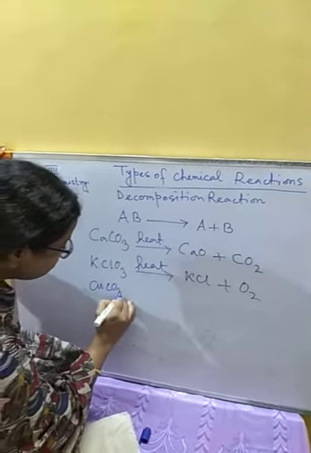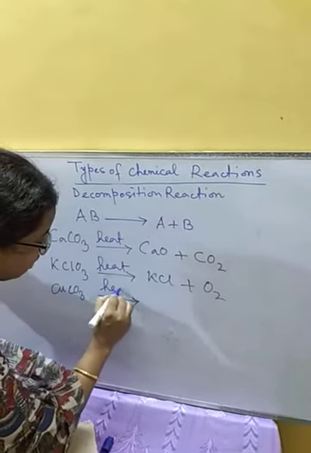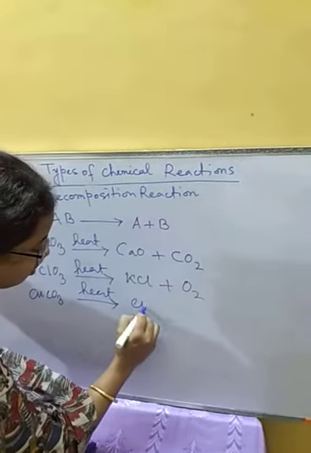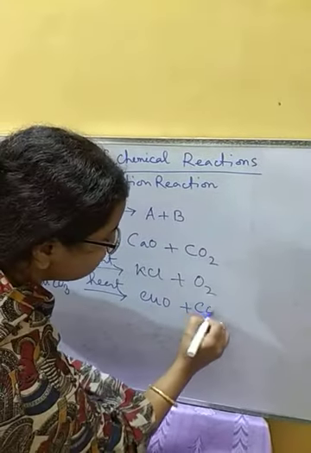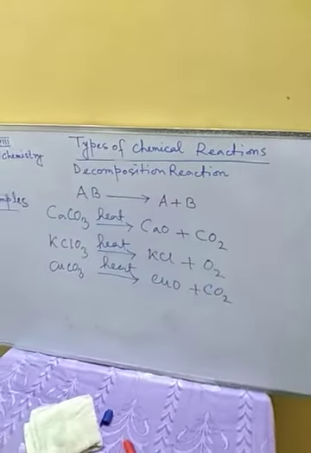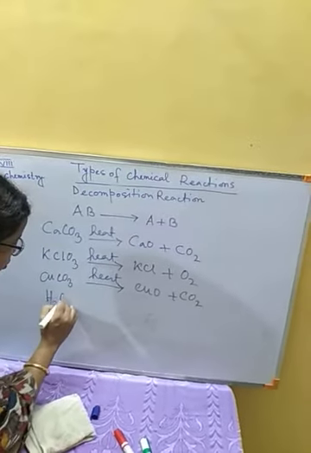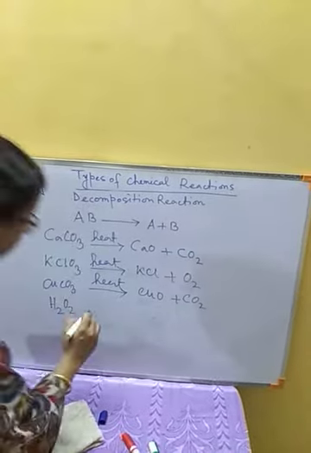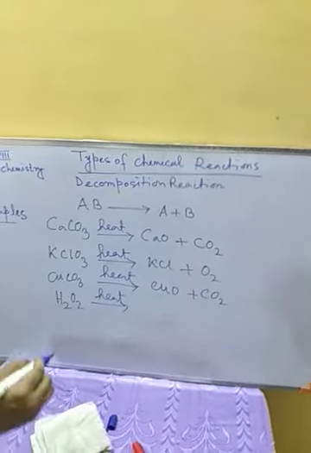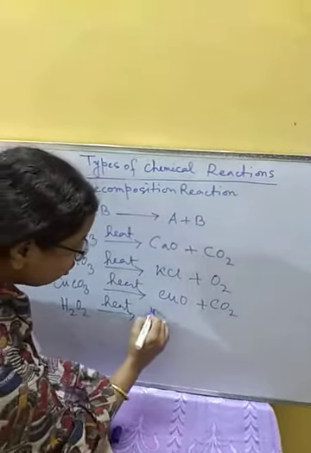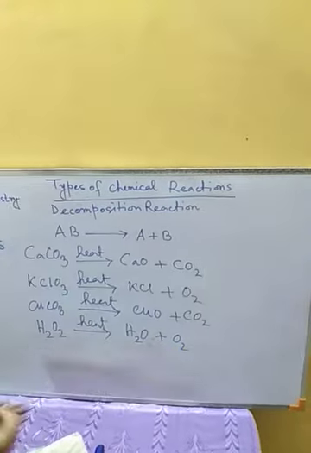Copper carbonate, cupric carbonate. Here again we are using heat to produce cupric oxide and carbon dioxide. This is hydrogen peroxide, H2O2. Again on heating it will decompose to produce water and oxygen.